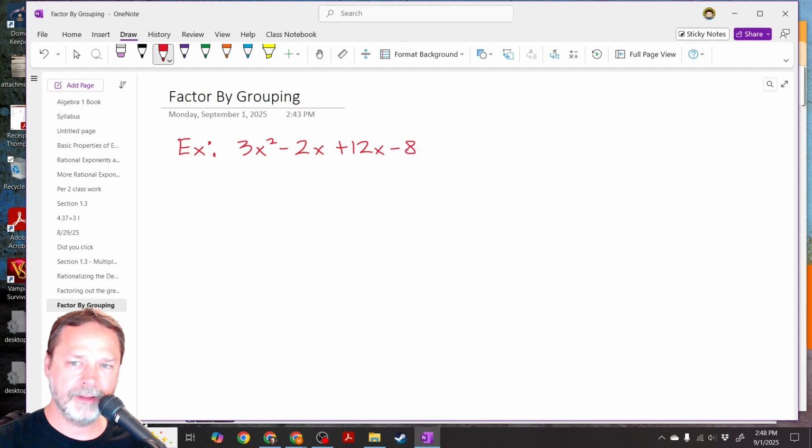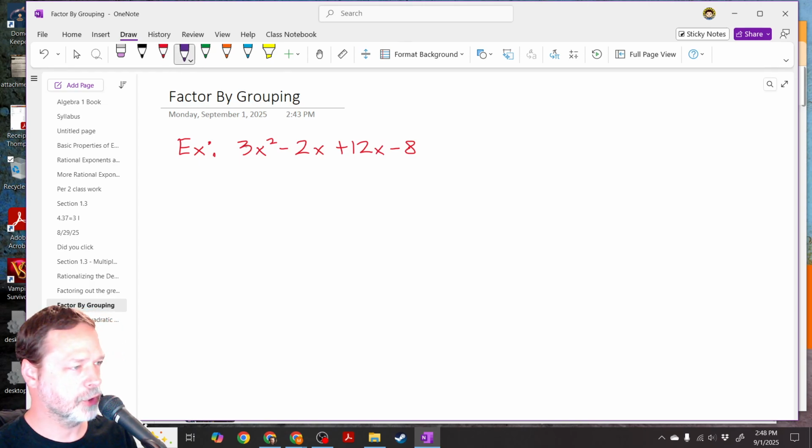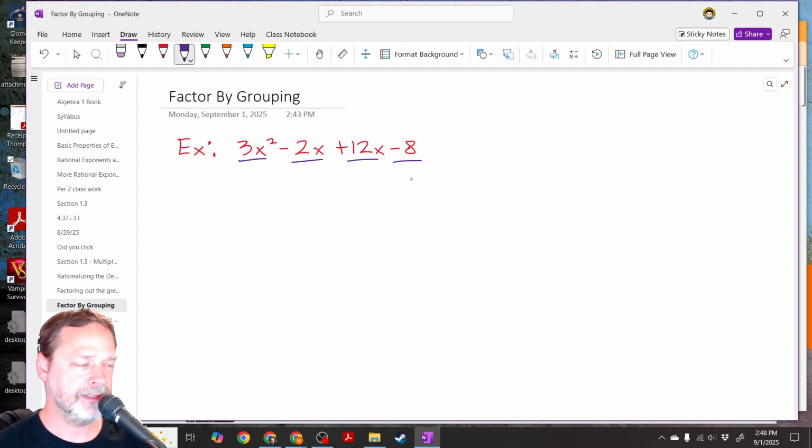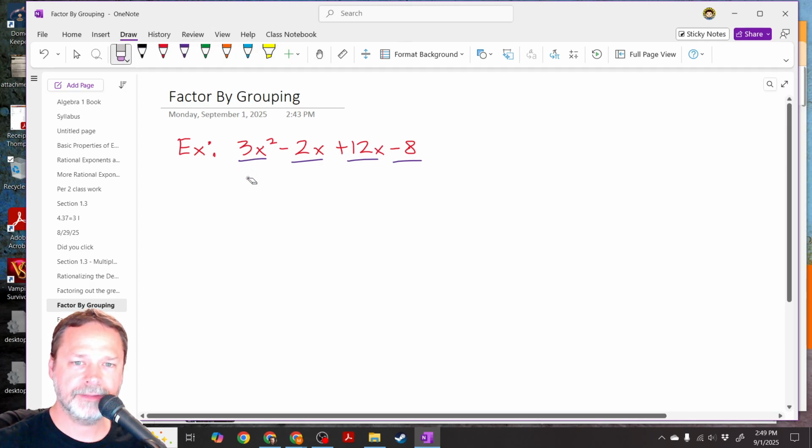Sometimes we can force this situation to occur, and sometimes we're given situations where we have 4 terms. 1, 2, 3, 4. We have 4 terms, anything separated by a plus: 3x squared, negative 2x, plus 12x, minus 8. There's our 4 terms. And when we have 4 terms, what we can do is factor by grouping.